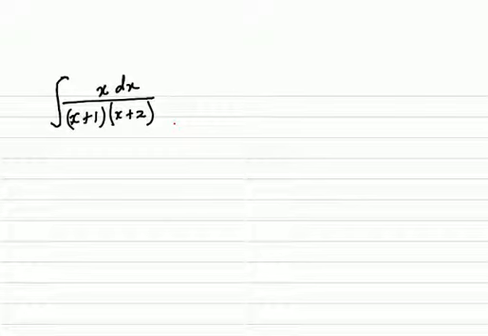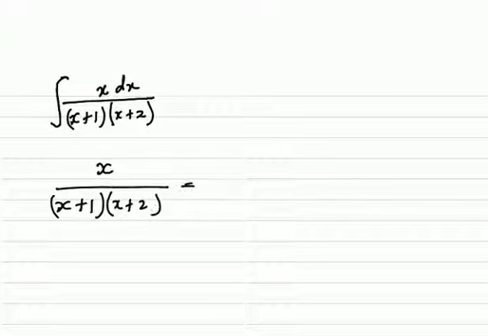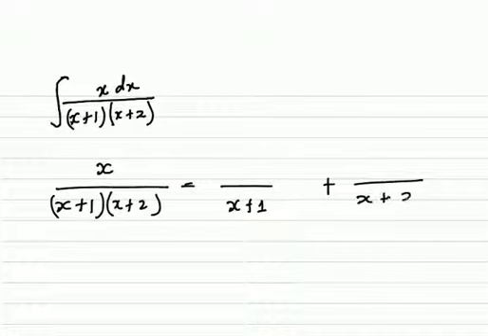So that motivates us to break a bit and revise how we break an algebraic fraction like x over x plus 1 by x plus 2 into partial fractions, in this case into two fractions with denominators x plus 1 and x plus 2.